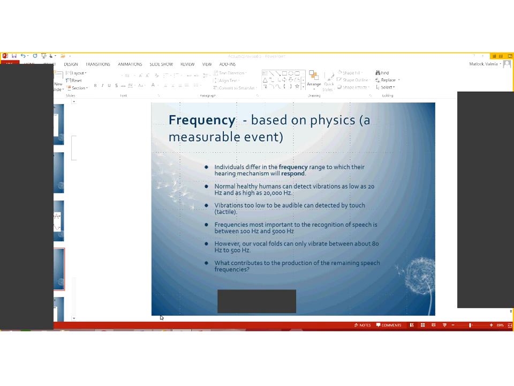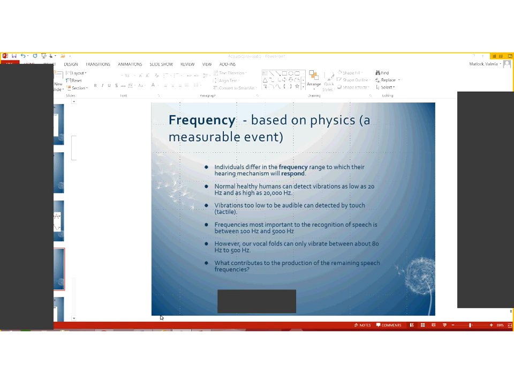When we're talking about speech, speech makes up the frequencies between 100 hertz and 5,000 hertz. So we're only looking at 250 hertz to 4,000 hertz in terms of those frequencies that make up the English language.